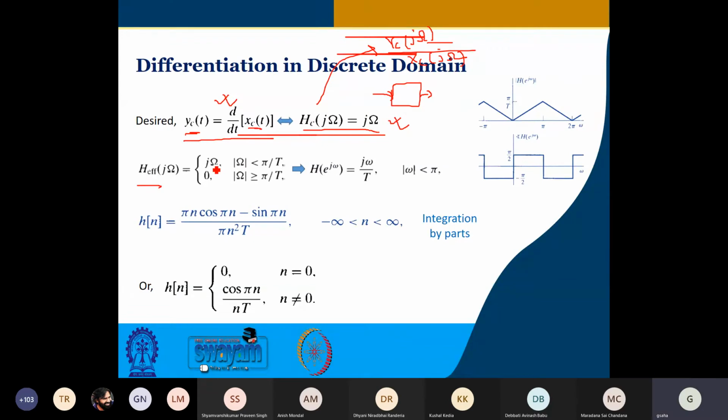Okay. So in the omega domain, this small omega and capital omega, because you are using a sampler for the input signal, sampled and then doing some processing and getting back this y_c(t), the sampling period is T, then this H(e^{j omega}) will be j omega by capital T.